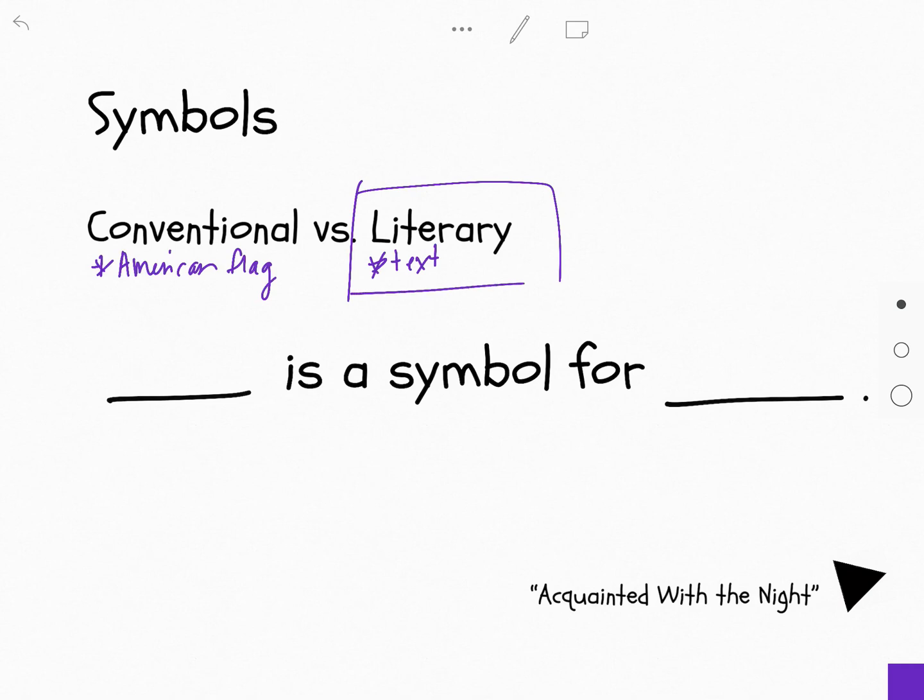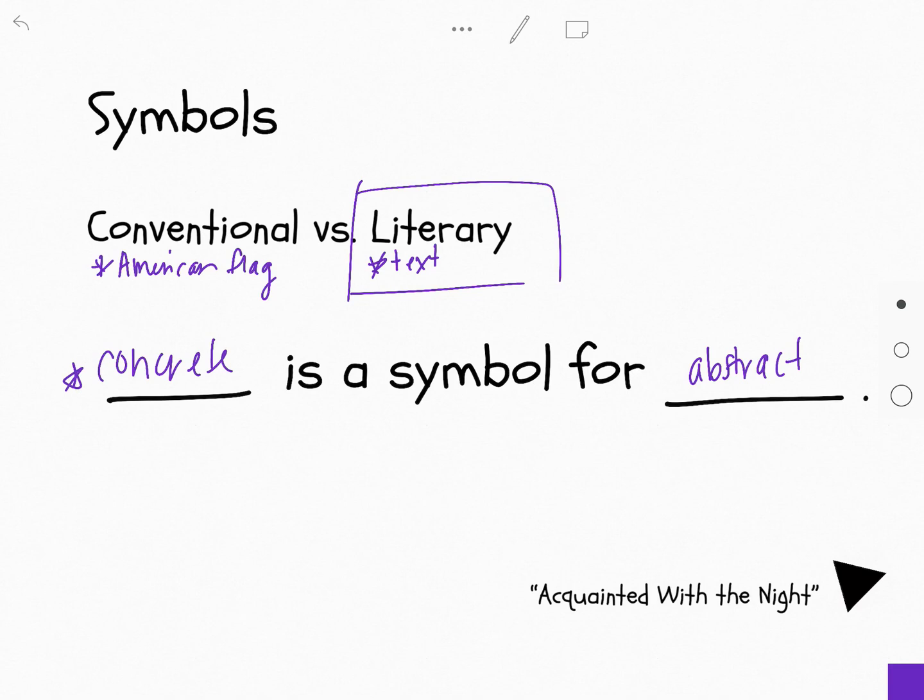Now, the best way to talk about how you go about analyzing a symbol is that you're really looking at something concrete that is standing for something abstract. So remember, concrete, abstract nouns, those are what we're dealing with. Now, I use the word concrete loosely because sometimes there can be some abstract things that symbolize other abstract things.